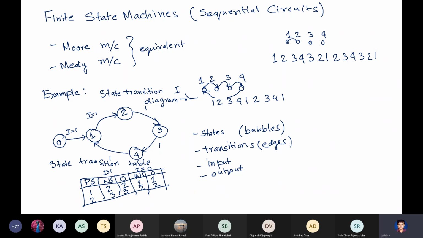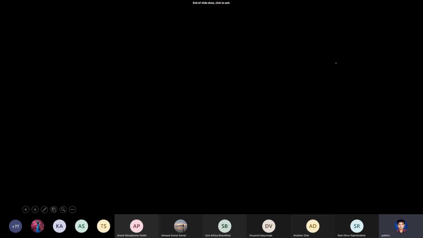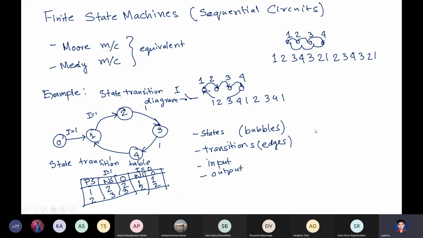So this and this and this, then again this and this and this, like that. So 1, 2, 3, 4, 4, 3, 2, 1. So what would the state transition diagram look like? Can you draw it?